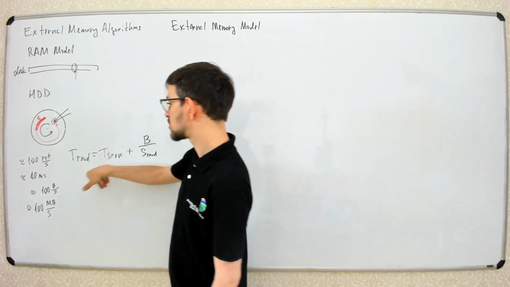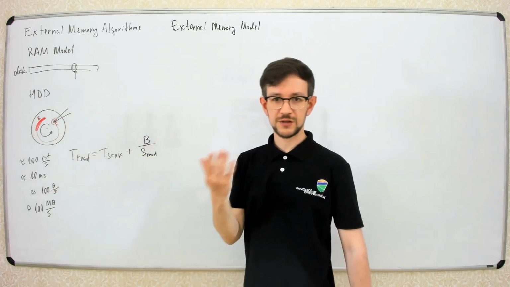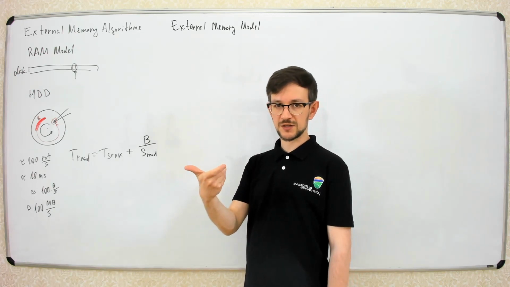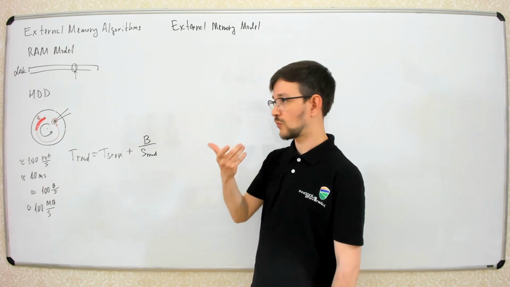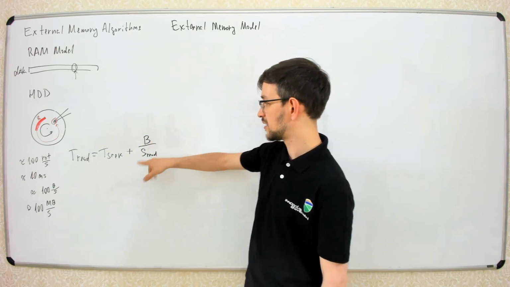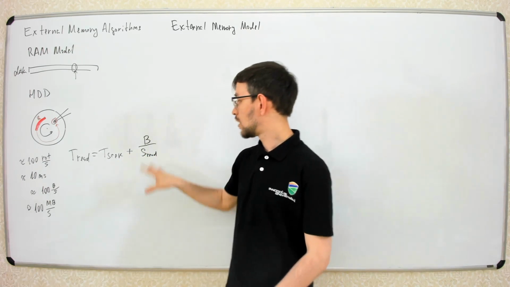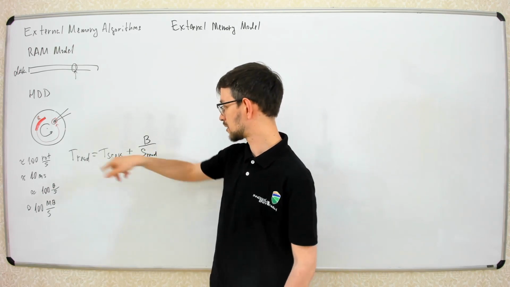Say if you spend 10 milliseconds to wait until you get your data, then you can spend another 10 milliseconds to read this data. It's just too stupid to read less data than you actually spent to seek your data. So this fraction must be about the time of this seek.